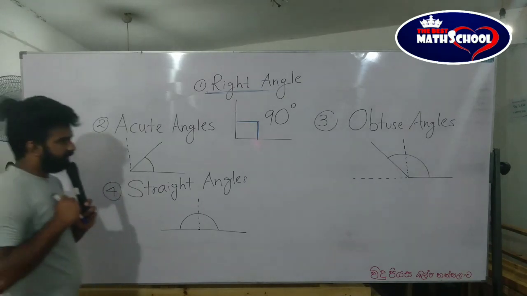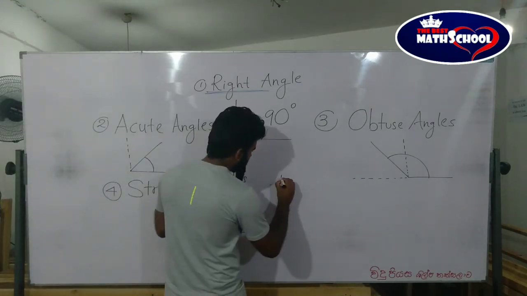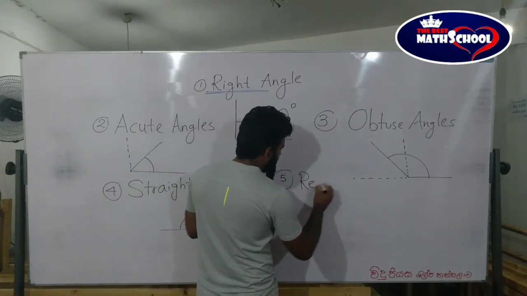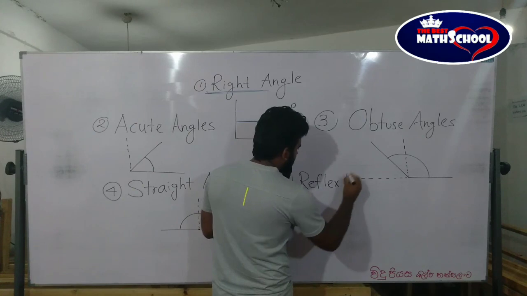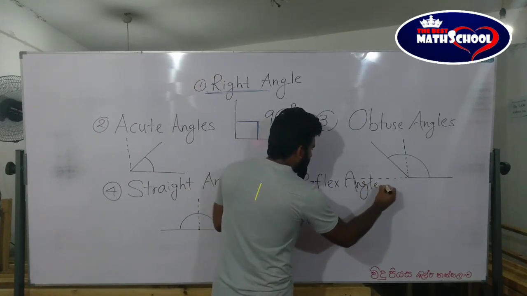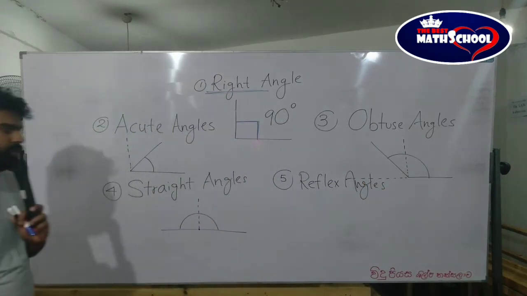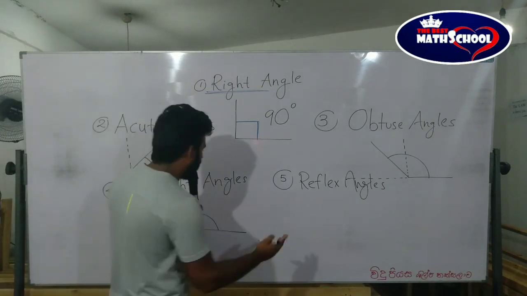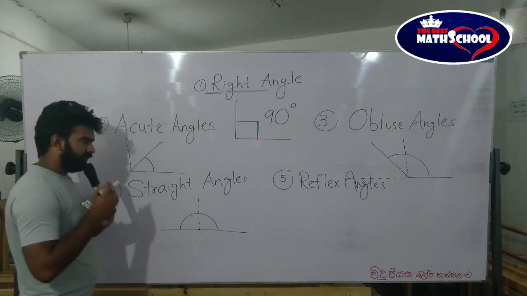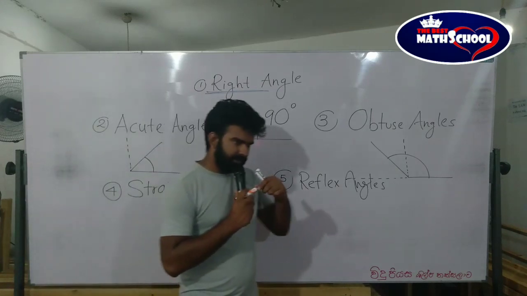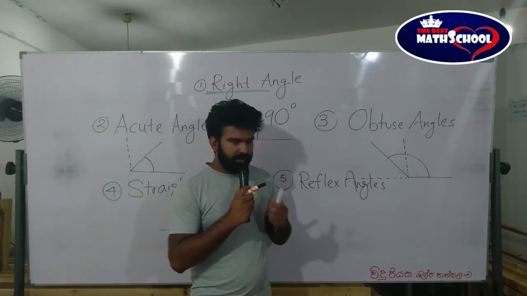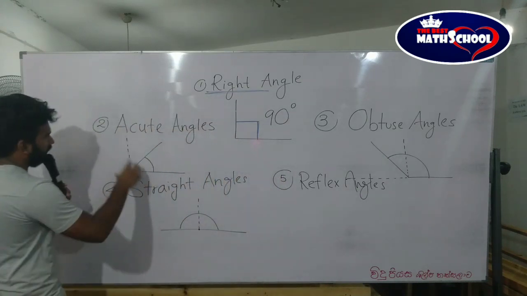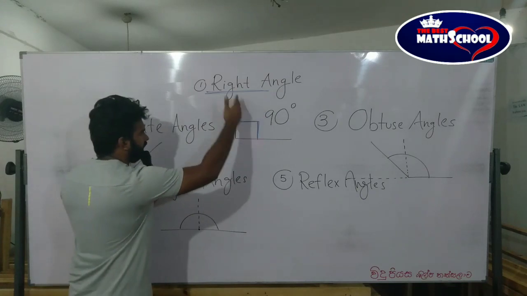Final type. So the fifth one will be the reflex angles. Right. So now we were up to this level. When I was starting, the start was the right angle.